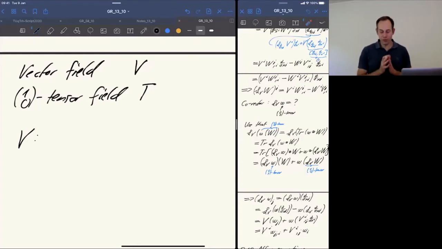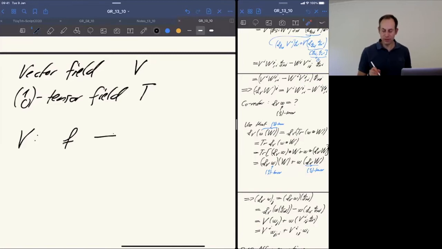So a vector field, in both cases, the way you should think of it intuitively is that it's an object that assigns to every point of the manifold a vector. Now, you know that a vector at any point takes as an argument a function and gives out a real value. So one can define them in that way, to say that it takes a function.